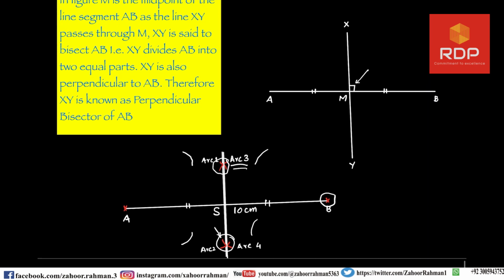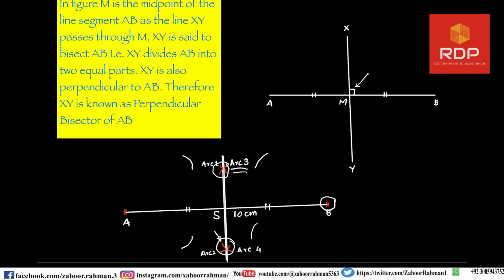What does it mean? It means that if you are taking any point, for example this point, it will be equidistant from these endpoints. This distance will be equal to this distance.